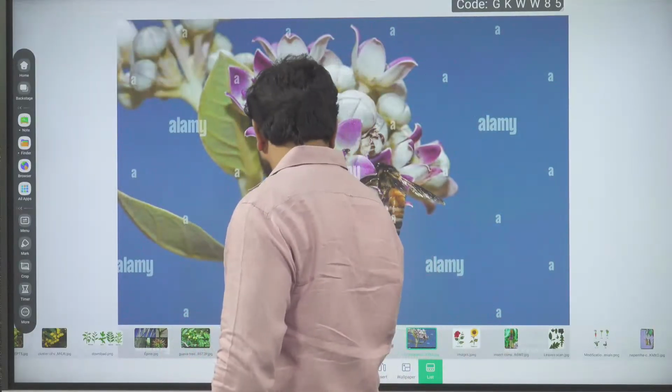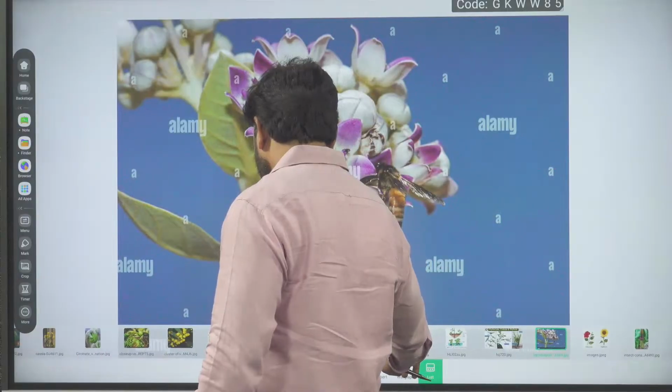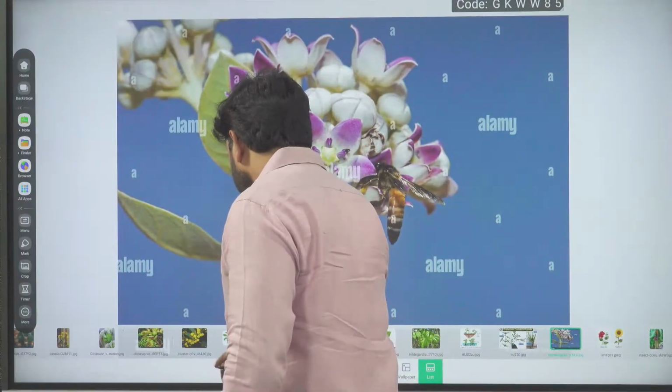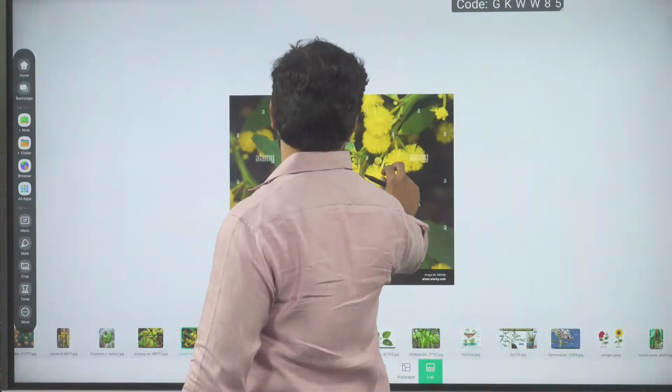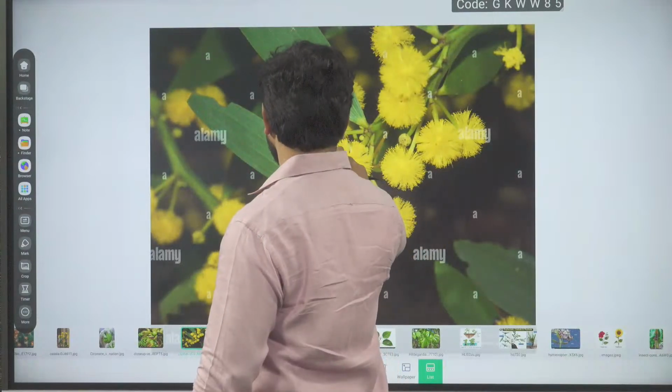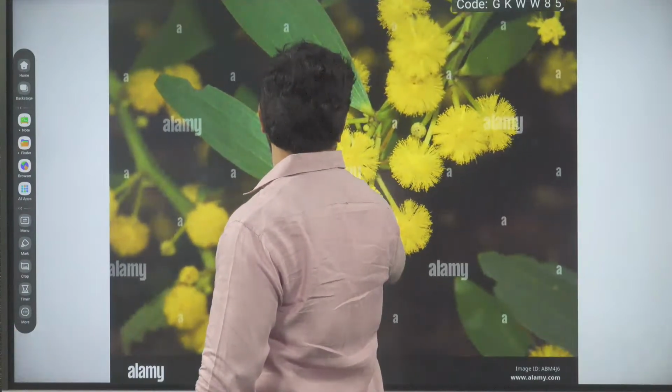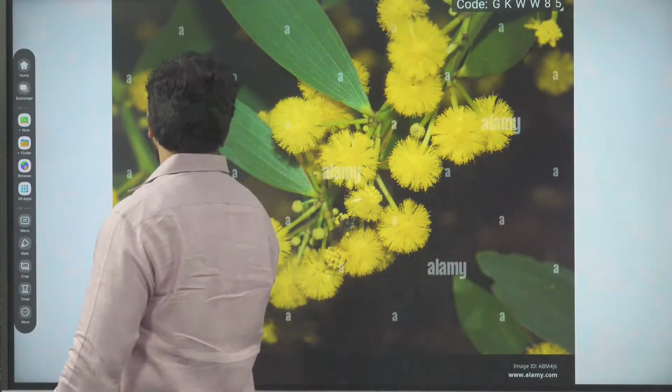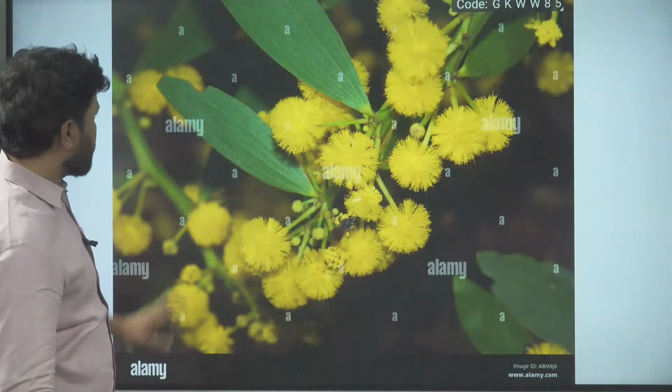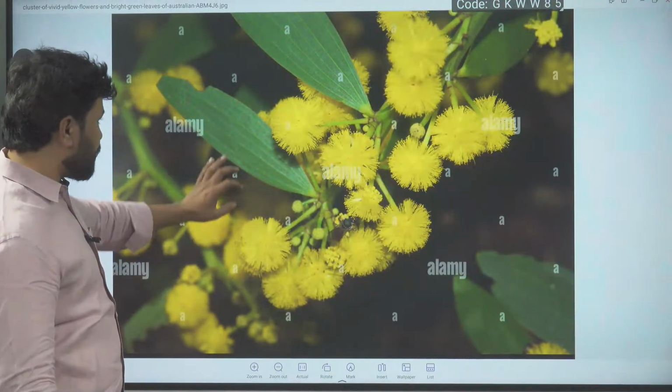phyllode. I wanted to explain what a phyllode is. This plant name is Australian acacia. Australian acacia.